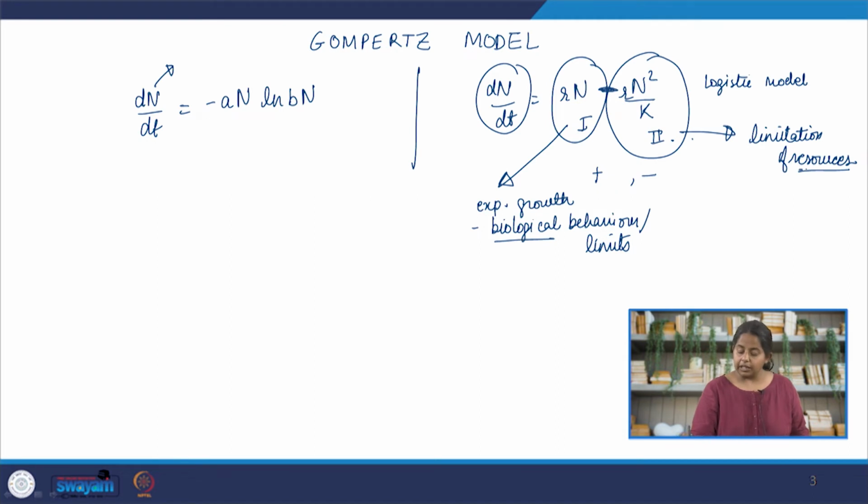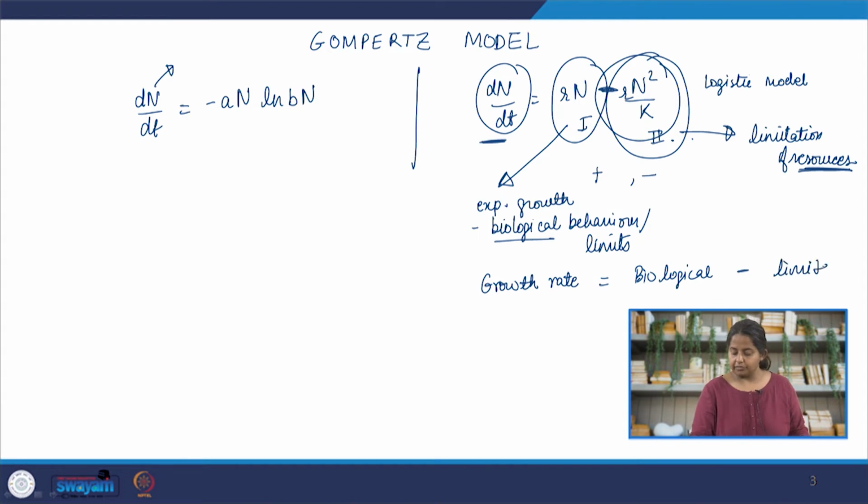However, limitation of resources will start having effect on the net growth rate. So, what you are seeing here is growth rate is equal to biological reproduction rate minus resource limitation.